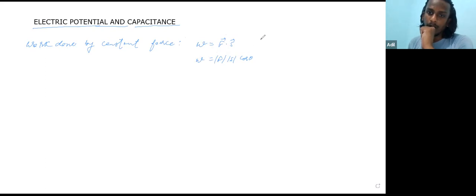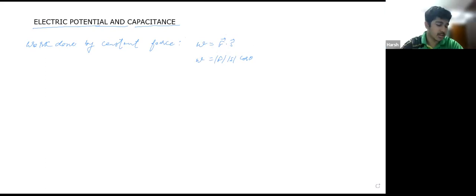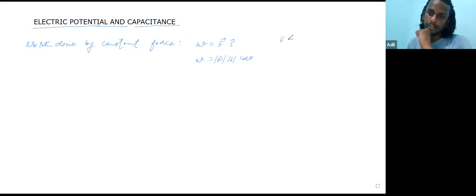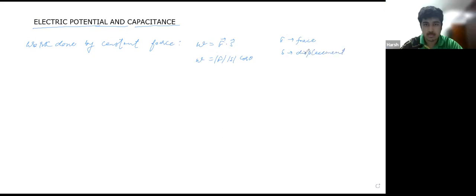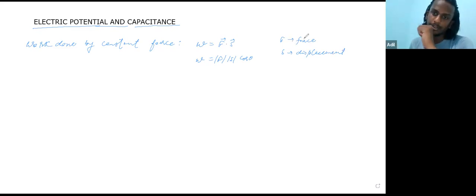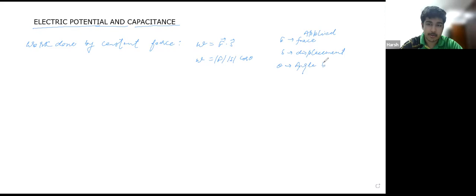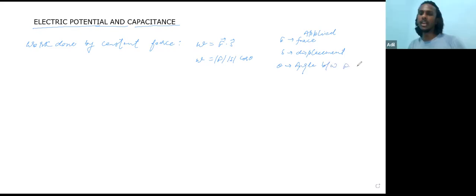F is your force, S is the displacement due to this applied force. You can say this is your applied force upon the body. And what is theta? Theta is the angle between F and S. Are you clear or not?